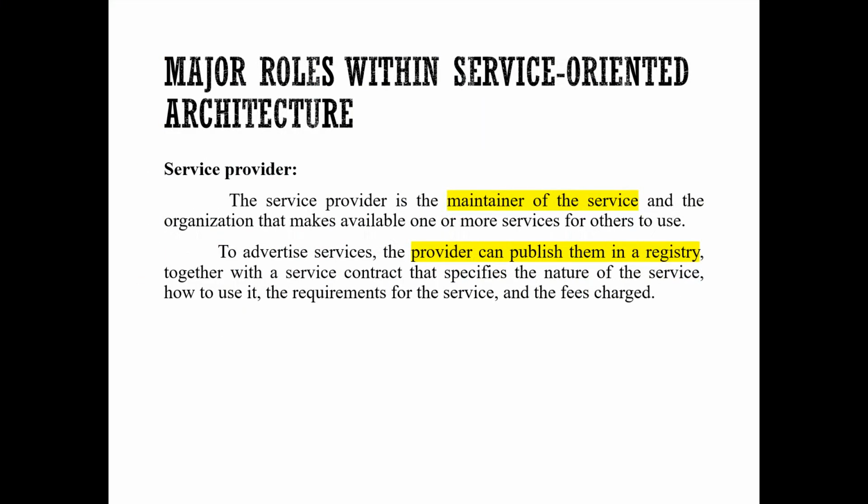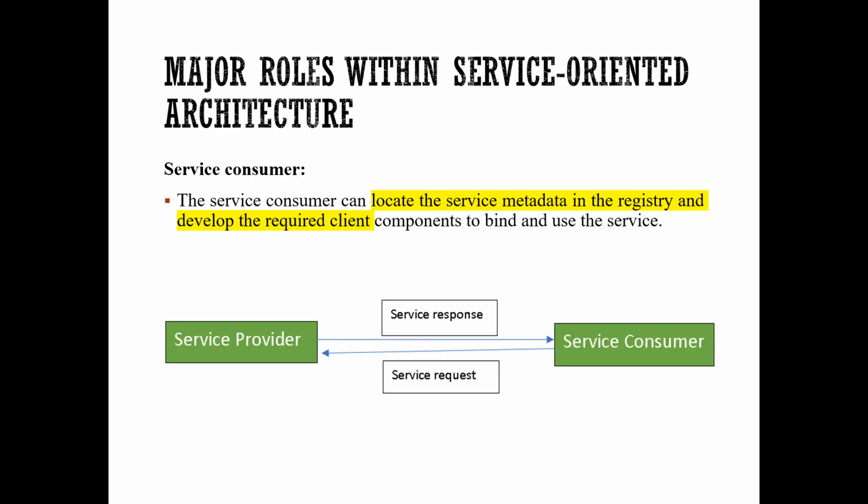Next, we will see the major roles within SOA. The first one is the service provider. A service provider develops and maintains the services. Most probably a cloud providing company is the best example of a service provider, for example Microsoft Azure, Amazon, and Google App Engine.